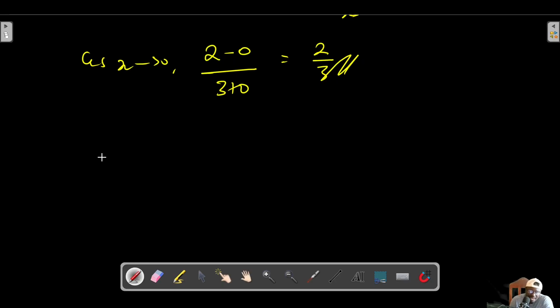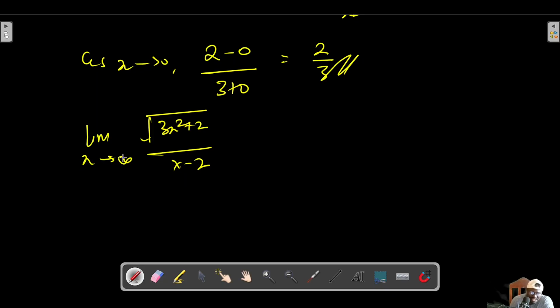So let's say you have the limit as x is approaching infinity of square root of 3x squared plus 2 all over x minus 2. Then as x is approaching infinity, let x be equal to 1 over y.